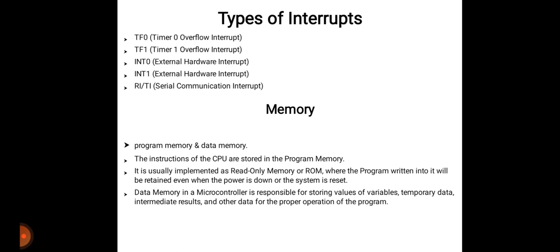The program written into it is retained even when the power is down or the system is reset. The next one is data memory. Data memory in a microcontroller is responsible for storing values, variables, temporary data, intermediate results, and other data for the proper operation of the program. This is the use of memory.